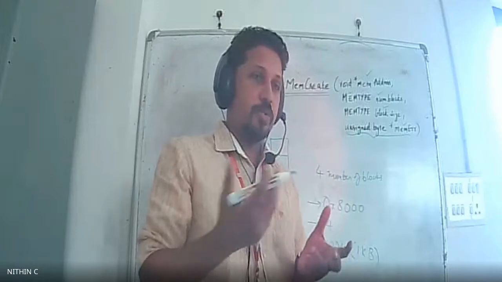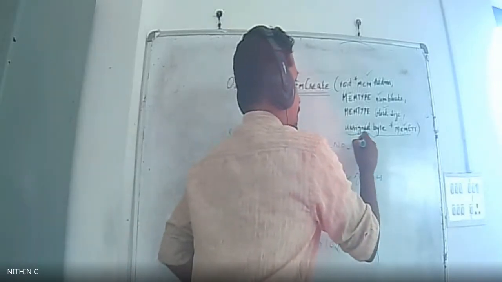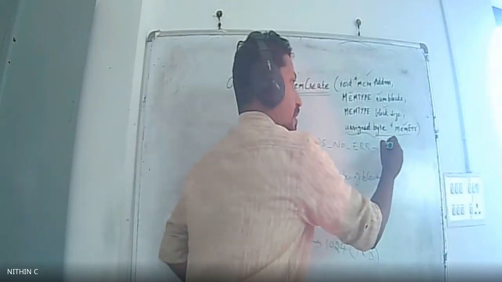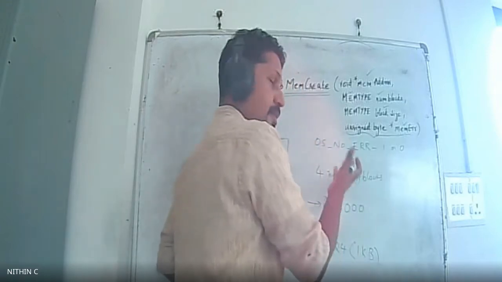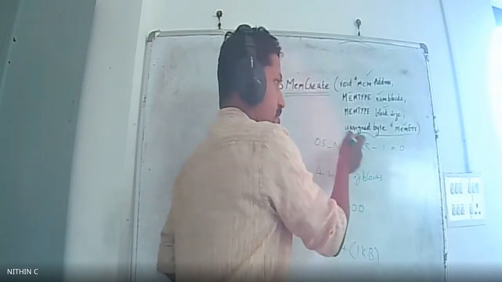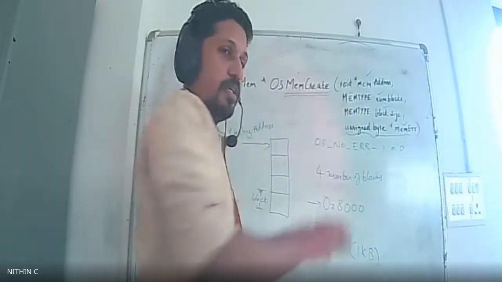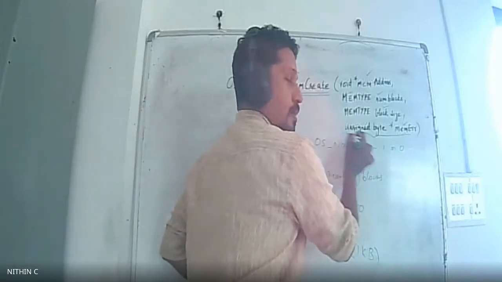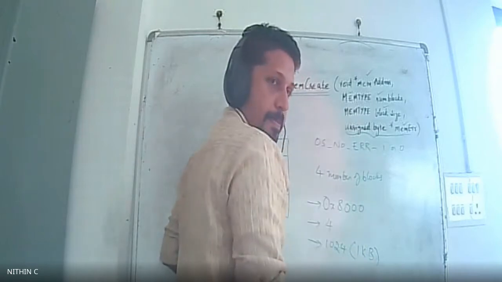Either it will be 1 or 0. If you are mentioning OS no error, it means this value can be either 1 or 0. If it is 1, it shows that there is no error, since this function represents no error. So if the value corresponding to this error is 1, it means there is no error.